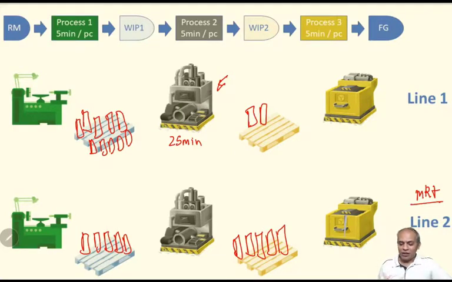Well, the change can only come after these 10 products, 5 products here and 5 products here, have been processed. These 5 products would take 25 minutes to get processed, and these 5 products would again take 25 minutes. So a change can only be created after 50 minutes.